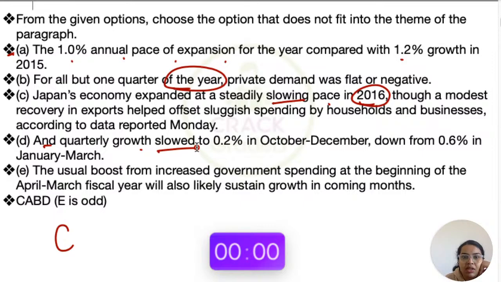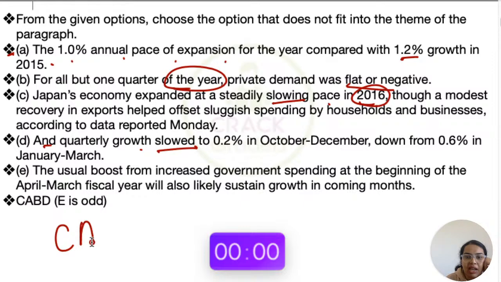So even in D, here we are seeing that the private demand was flat or negative. Everything here is talking about slowing pace, slow down, demand falling in its graph. Okay, even this we see A1, it says 1% pace for the year compared with 1.2 growth in 15.